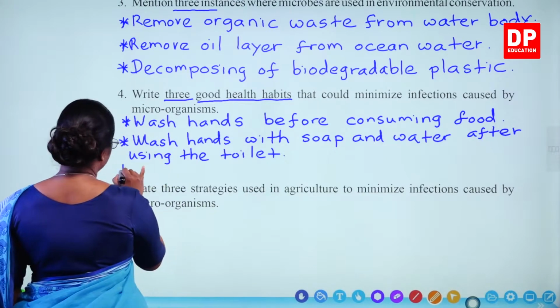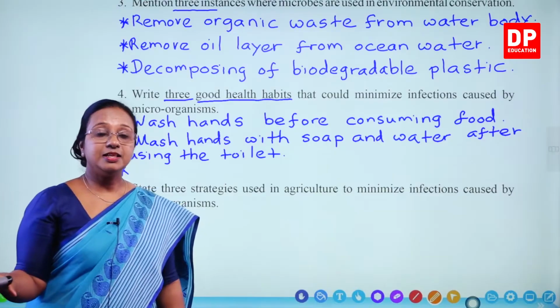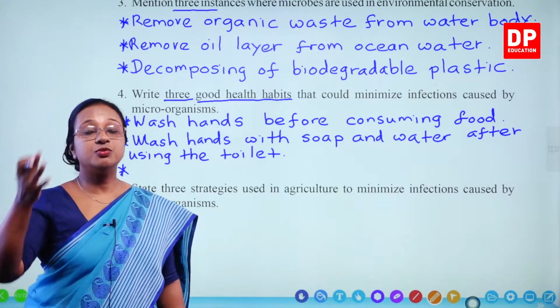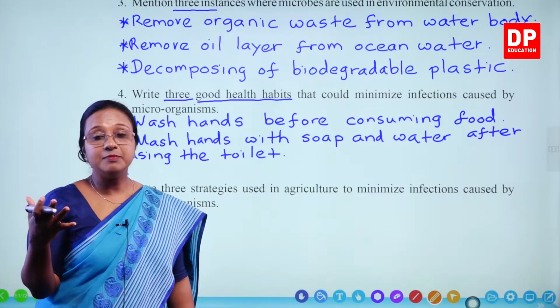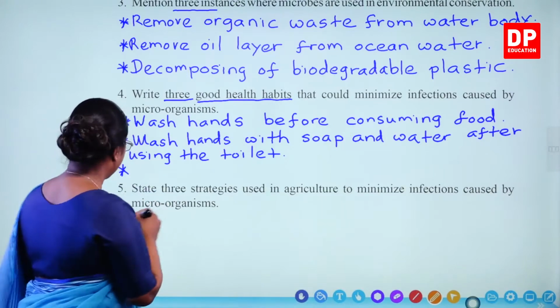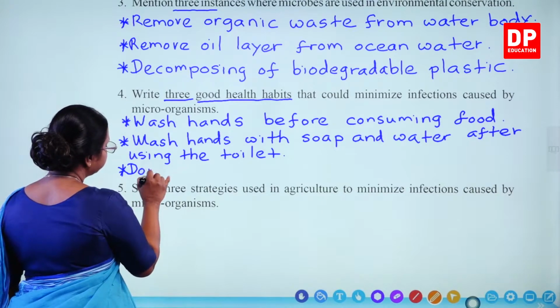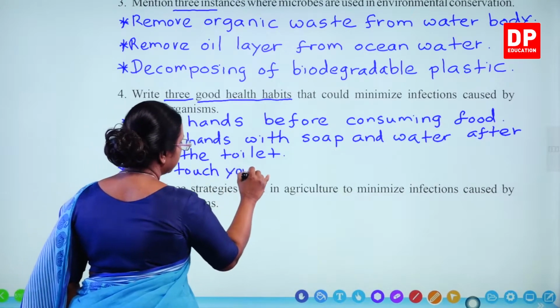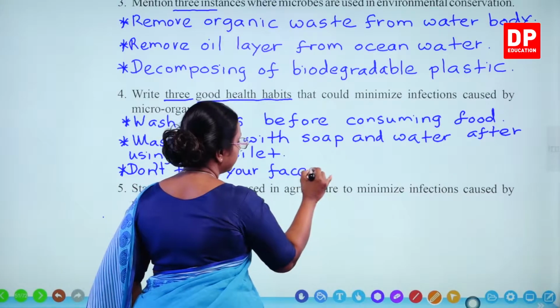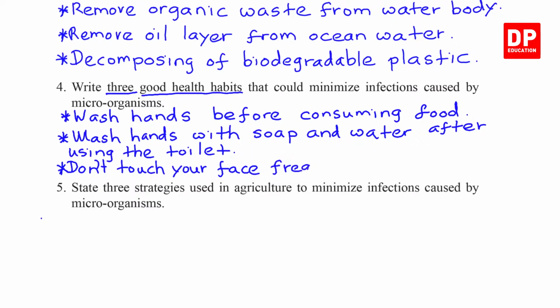So again, another thing you can say, when you touch objects, don't touch your face or your nose or mouth with your hand all the time. So that is also a good practice. Don't touch your face frequently with your hands.